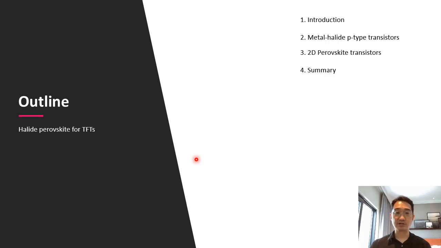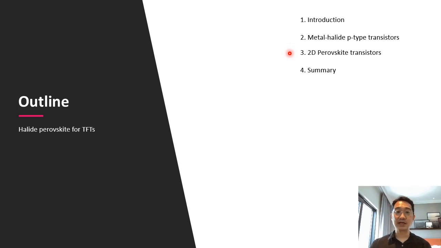So this is the outline of my talk. After a brief introduction, I mainly talk about two different subjects. One is a metal halide p-type transistor for transparent circuits, where we use copper iodide as a channel layer for a p-type field-effect transistor. It shows very nice hole mobility and high transparency.